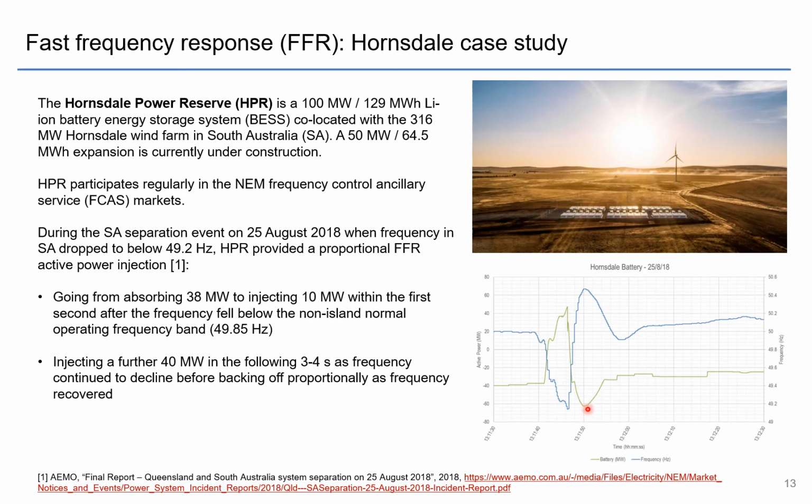So that's a really good example of fast frequency response where normal generators would not be able to respond 80 odd megawatts within the first 4 or 5 seconds. Not many generators can do that, and this is one of the real advantages of battery energy storage, to provide FFR.